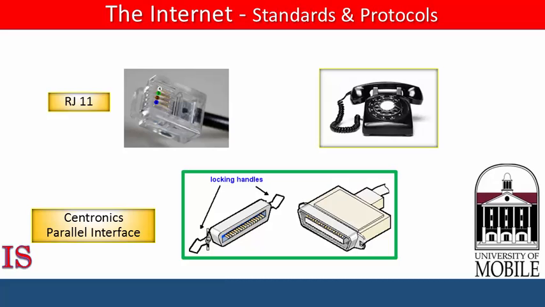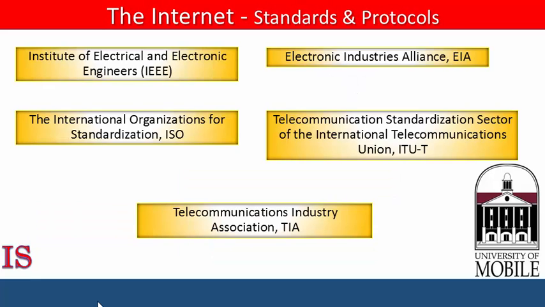In fact, you can probably make a case that the typical PC of today is based on the standards set by the original IBM PC because of its popularity. In fact, the term PC was first coined for that very machine. Finally, there are organizations in the business of establishing standards.